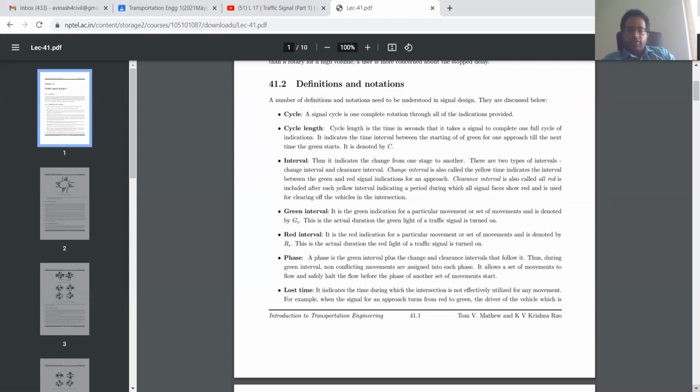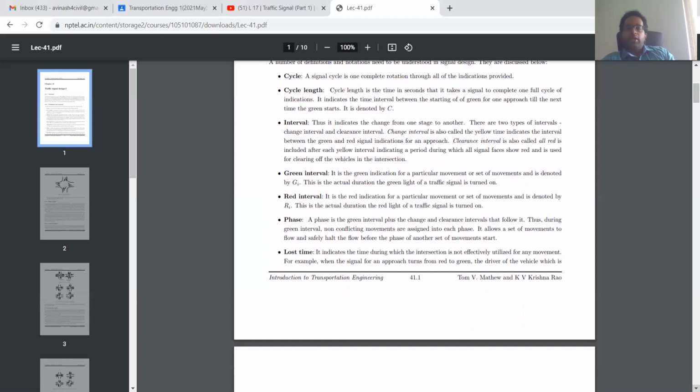Next definition is the lost time. The time during which the intersection is not effectively utilized for any movement, you call it the lost time.